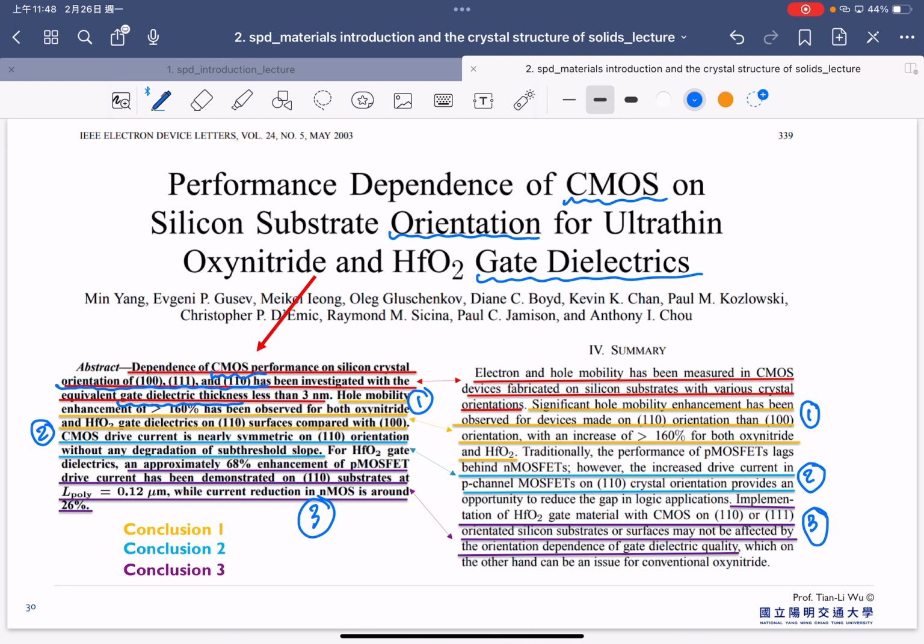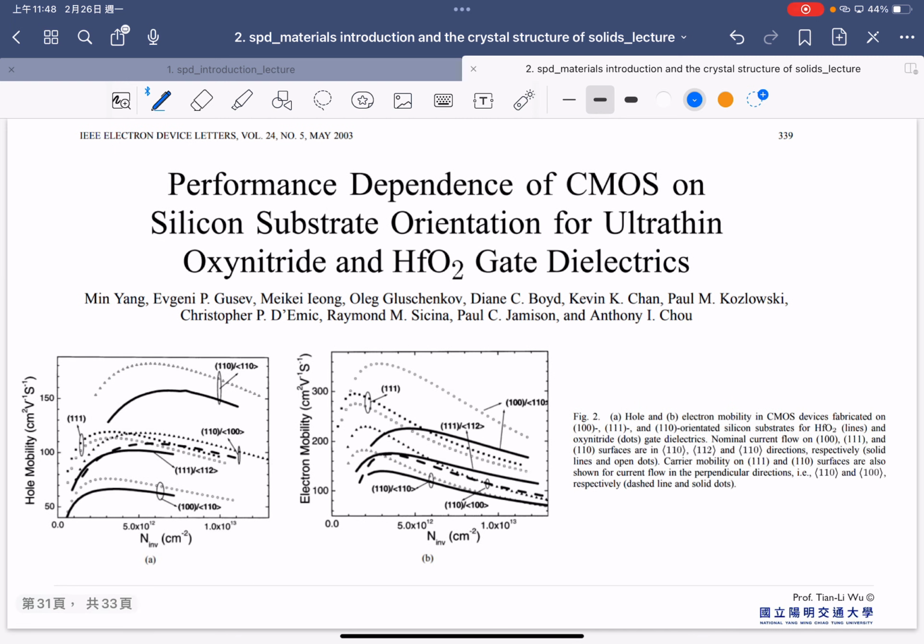Of course, we will still quickly go through some of the key figures. You can see that with the knowledge of the Miller index, you can already understand this, the 110, and a different way to describe it. That's already something mentioned in the previous slide.